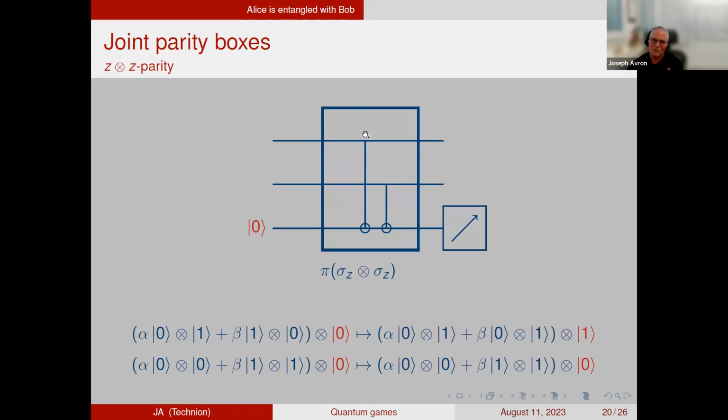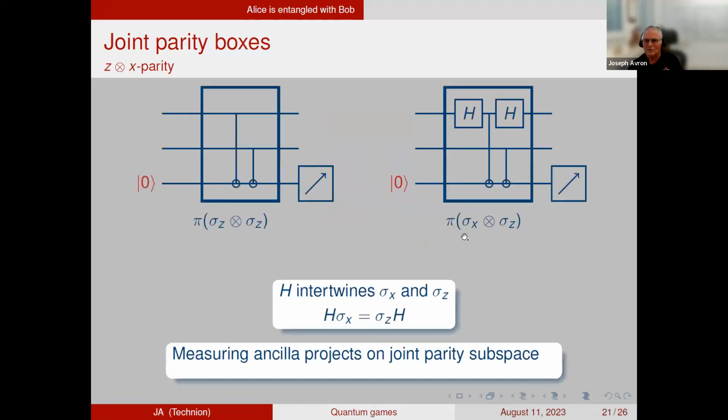But if one of them was 1 and the other one was 0, only one of them would flip, and by measuring this third qubit, I would learn about the product of their parity. So this just describes how you measure the parity of sigma z tensor sigma z.